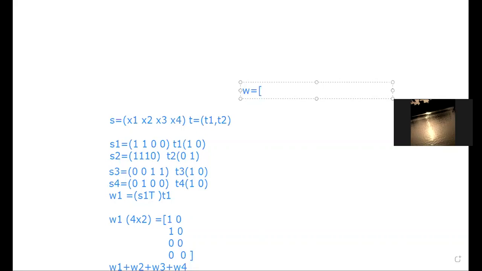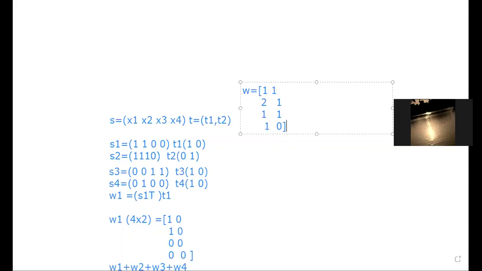So finally the solution will be 1, 1, 2, 1, 1, 1 and 1, 0. Finally, the weight matrix, which is determined by Hebb's rule.